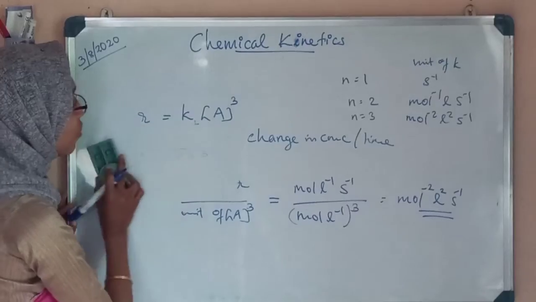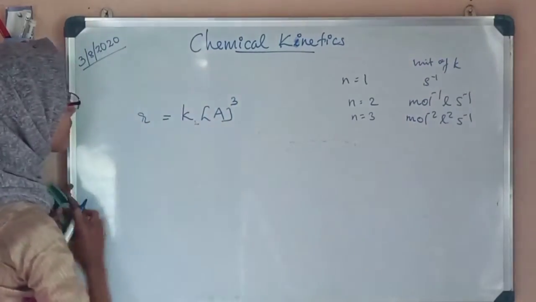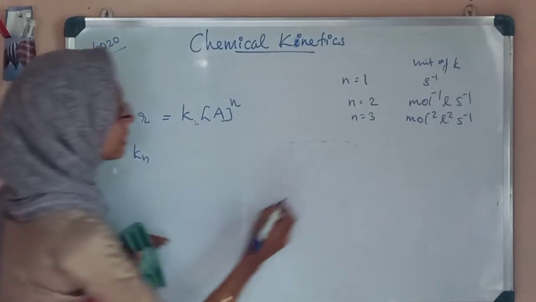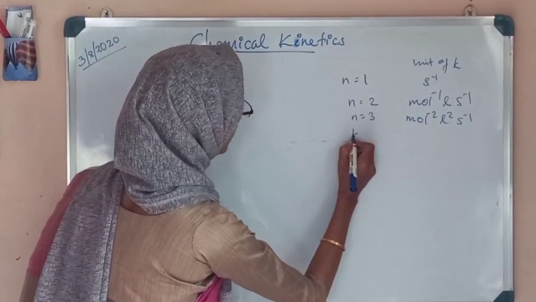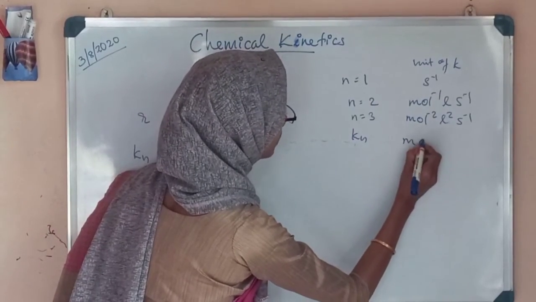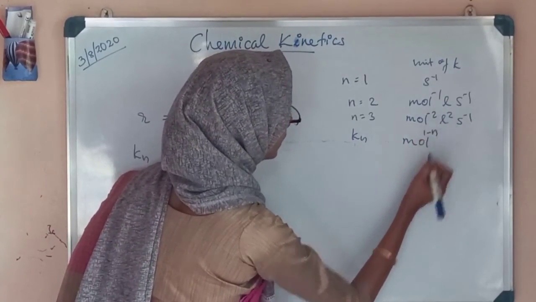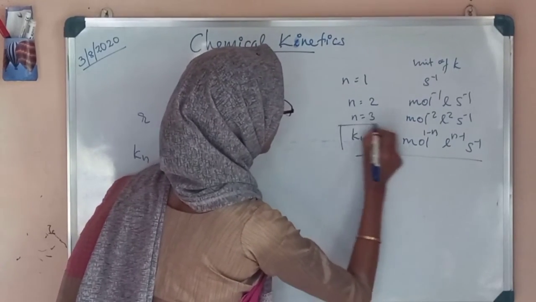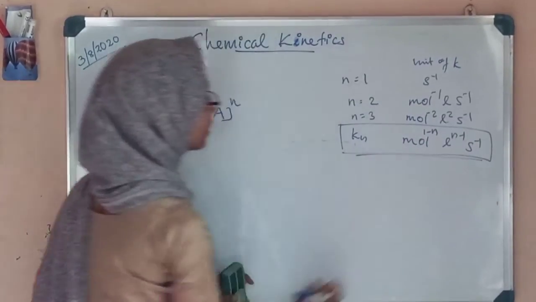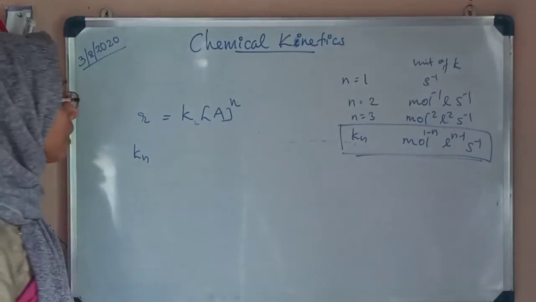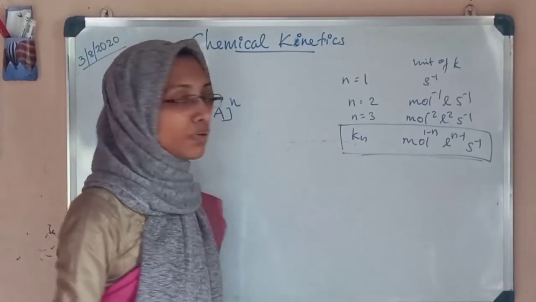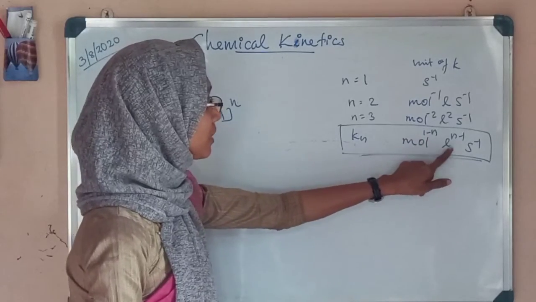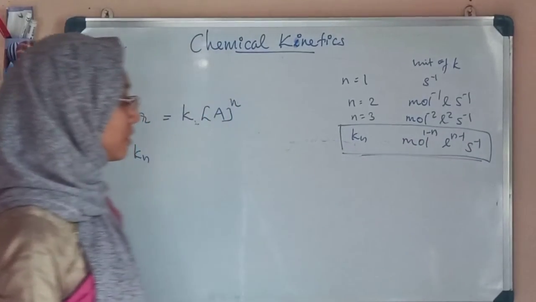Then in general, for an nth order reaction, the unit of Kn is equal to mole raised to 1 minus n liter raised to n minus 1 second inverse. This is the general formula for determining the unit of rate constant of a reaction.